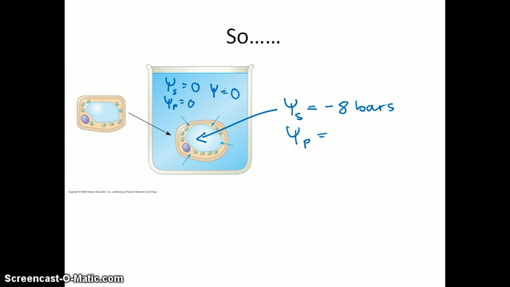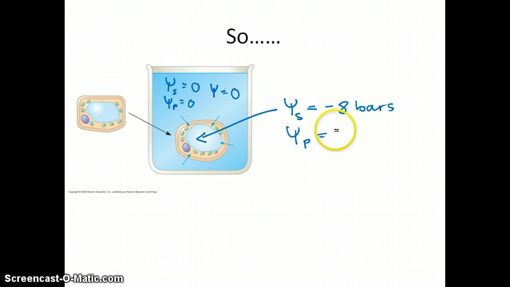Remind yourself when I talked about that balloon, and how that balloon was a positive value for pressure potential when it's forcing the water away. That's what's happening to the cell wall when water is being pushed on that cell wall from the inside.